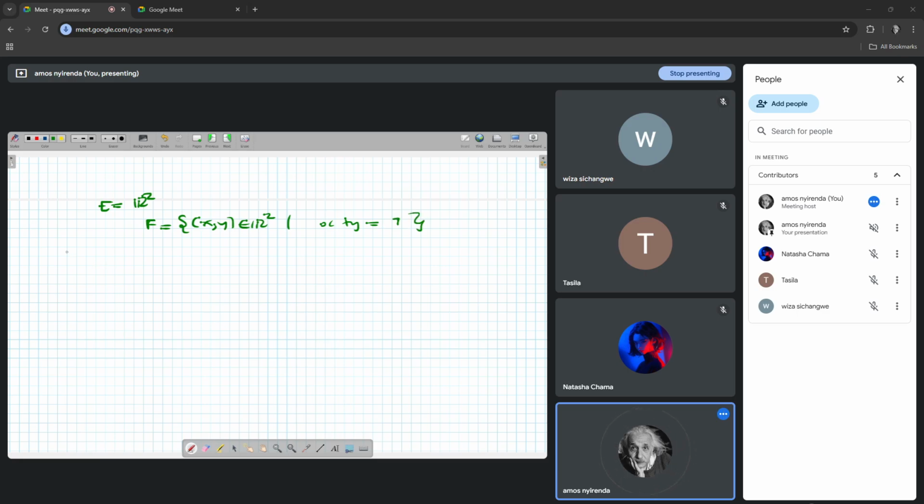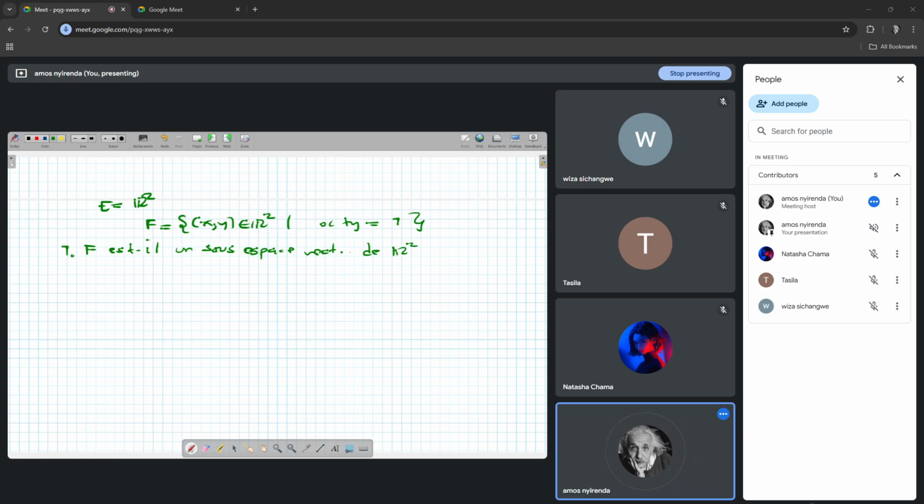Now, est-il un sous-espace vectoriel? Un sous-espace vectoriel de R2?